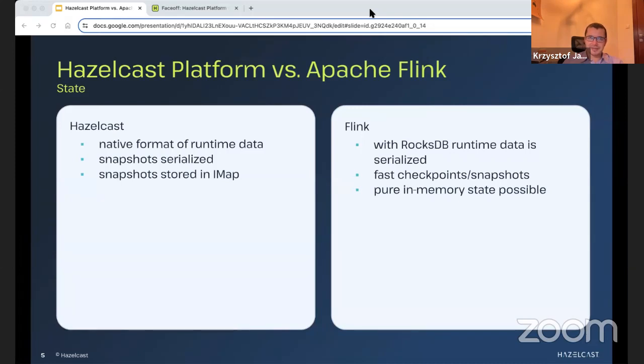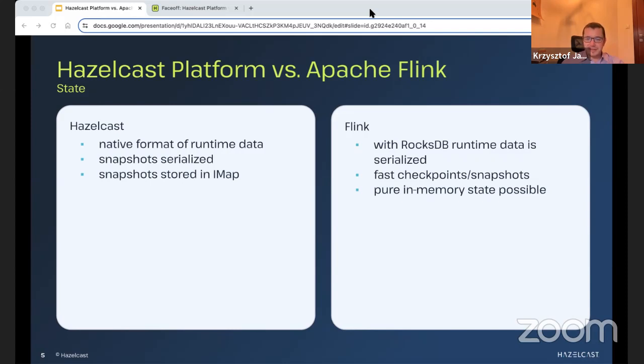That's the price. But on the other hand, it gives you faster checkpoints, because you already have all the data in the RocksDB files. You only need to make sure that the files are consistent and cut them off at some point. So it may be much faster than writing an entire snapshot from scratch.